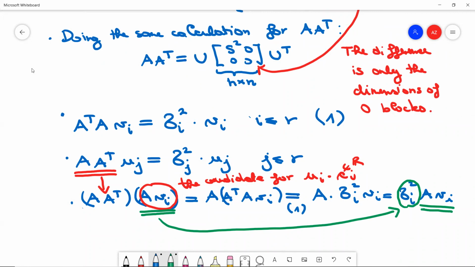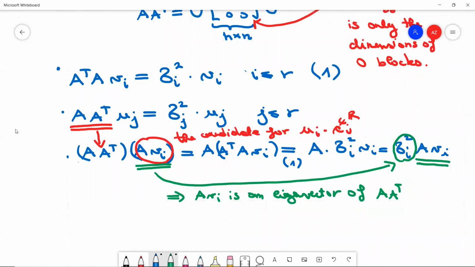This means that AVi is an eigenvector of A transpose corresponding to the eigenvalue sigma I squared.